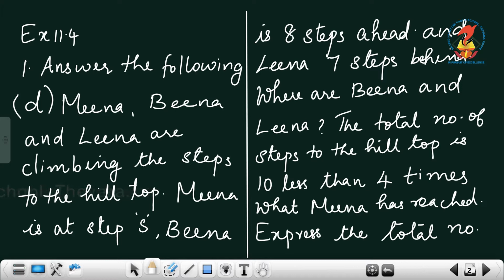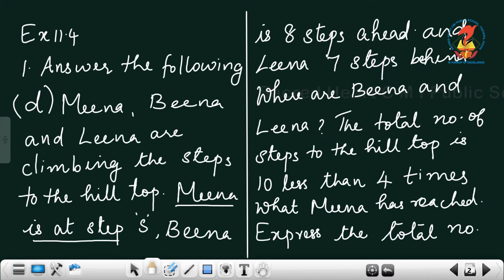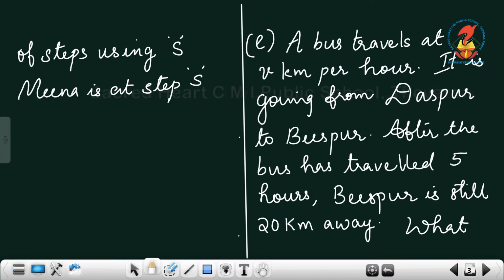What is given is Meena is at step S. Beena is 8 steps ahead. What do you mean by ahead? More.